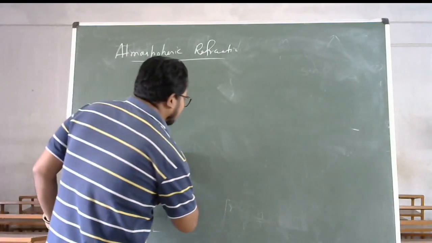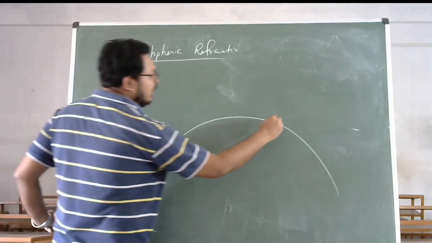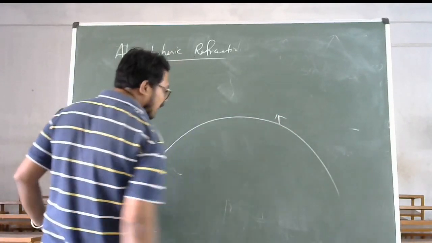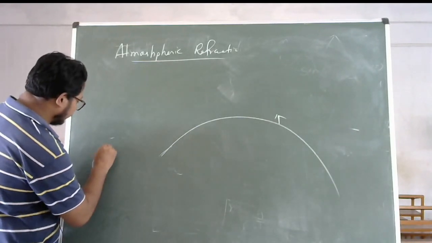So, if you consider this one is the earth surface, you are standing here, there is the sun during the sunrise and sunset, the sun is here.